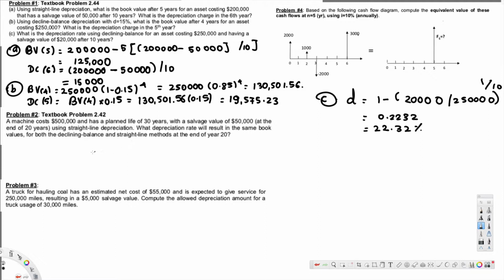To find this one out, there's a formula: P(1 minus d) power n is equivalent to P minus n(P minus S)/N. Here d is what we are trying to find. d is the percentage, the depreciation rate, P is the principal amount, and N is the number of years.